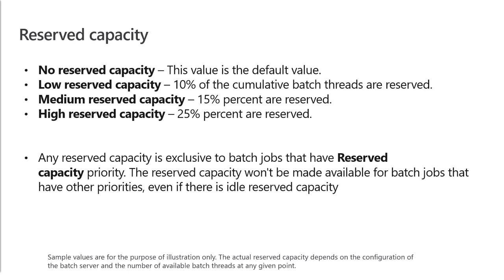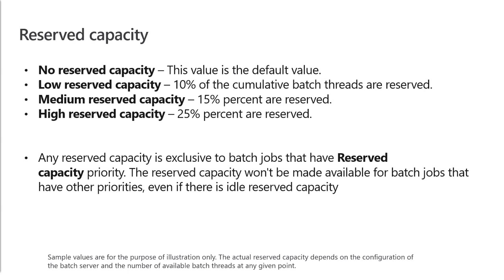If you set it to medium, it will be around 15%, and if you set it to high, it might be somewhere around 25. The important part here is that this should be used very thoughtfully. So this is now the only way you might have idle capacity, even if there are batch jobs waiting.